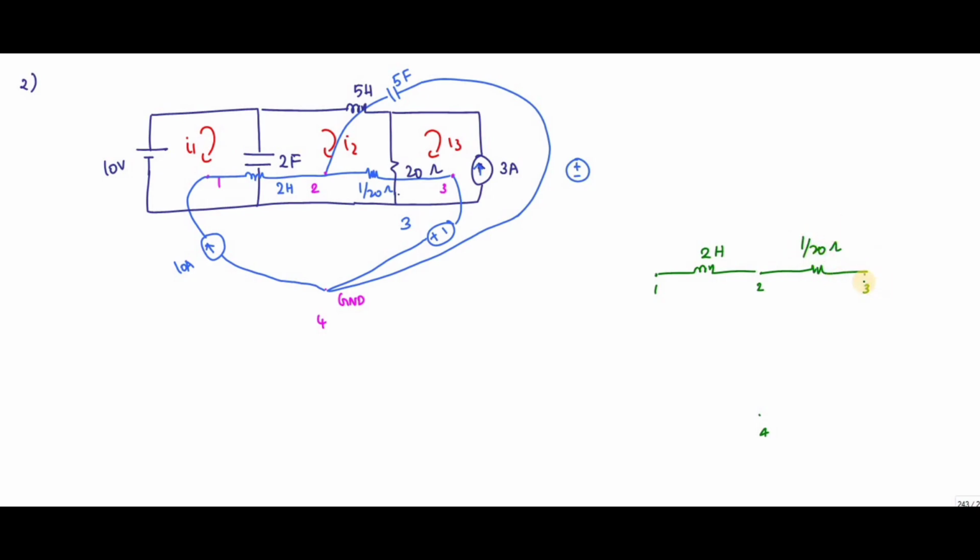Between 2 and ground you have 3 volt and 5 farad, and from 1 to ground you have a current source. So this is how we have to draw the dual of the circuit.